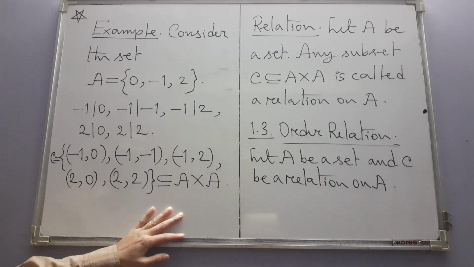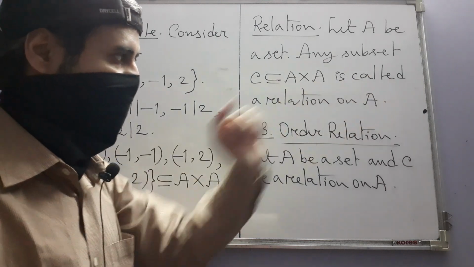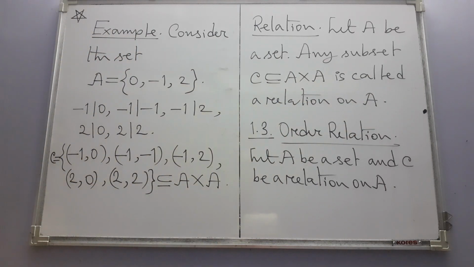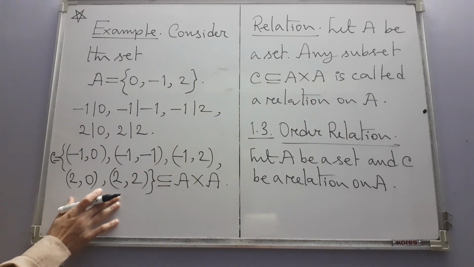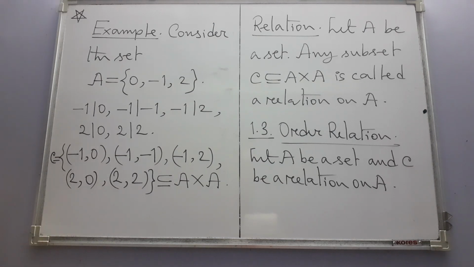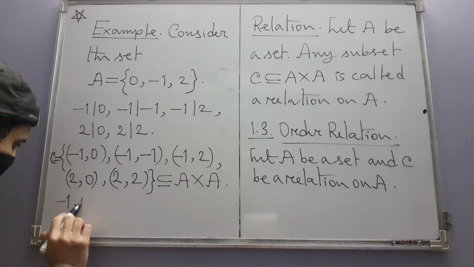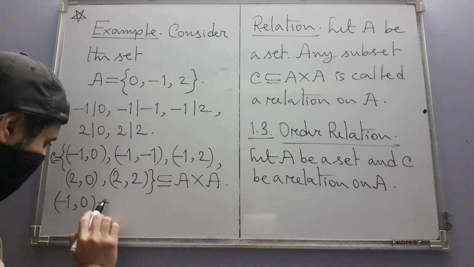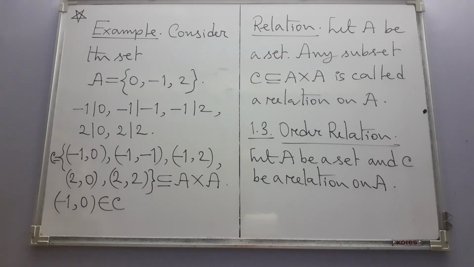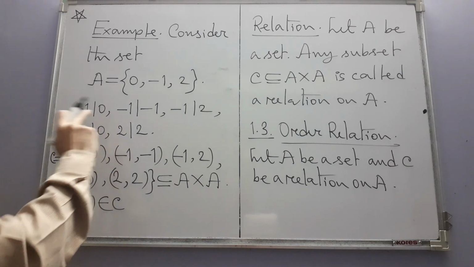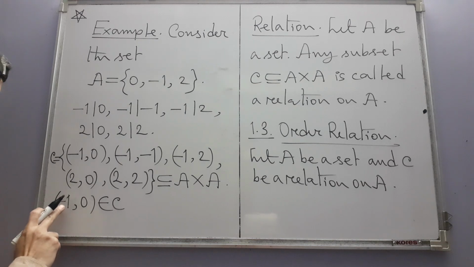I should have actually said it here itself. Instead, it will be, in fact, easier to understand if we go back to the example. Do you see this statement, (-1, 0) belongs to C? Of course, you know what it means. But in the context of our relations, what this means is that -1 is related to 0.